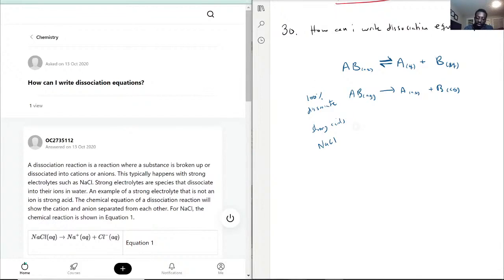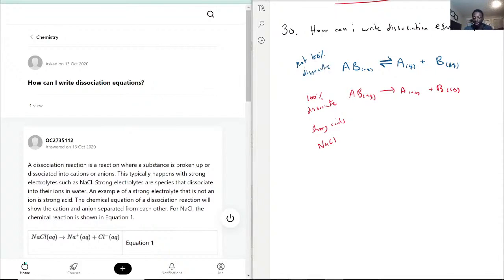I'm going to make this all red. 100% dissociates: strong acids, NaCl, that's it. But this is not, so not 100% dissociate.